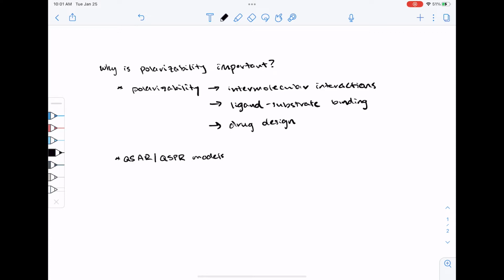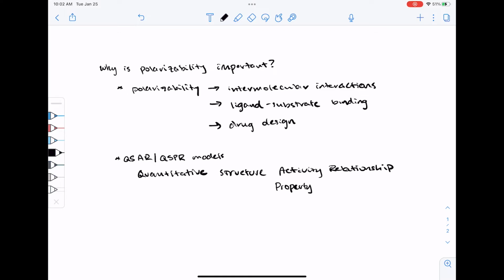For anyone who is unaware, QSAR stands for quantitative structure activity relationship, and QSPR is structure property relationship.